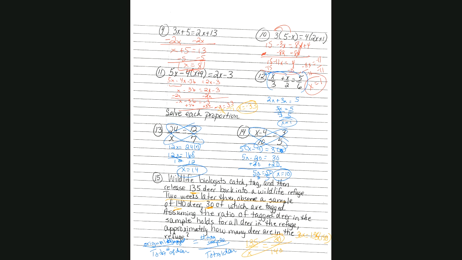So 135 times 140 is 18,900. Then divide by 30. So there should be 630 deer in the refuge. And you can check your number and ask, okay, should it be high or really small?